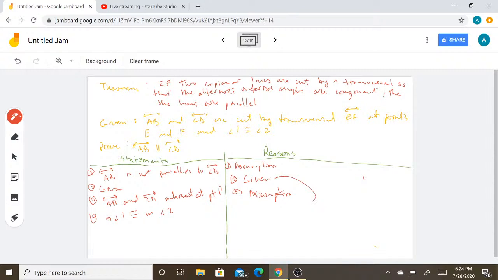And this is from what we're given. So it completely contradicts our assumption, because if the lines did intersect, then the angles would not be congruent. So from this contradiction, we know that the lines are actually parallel.